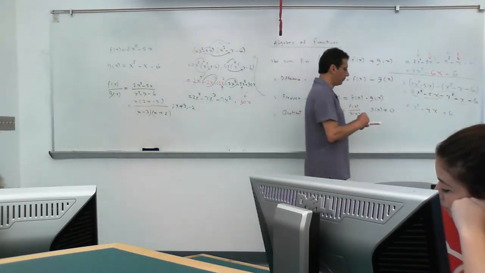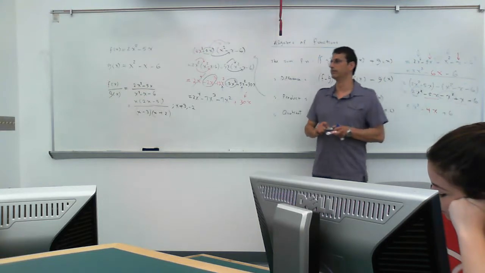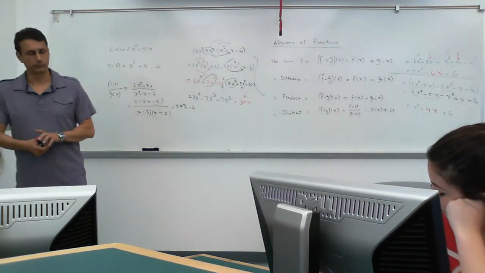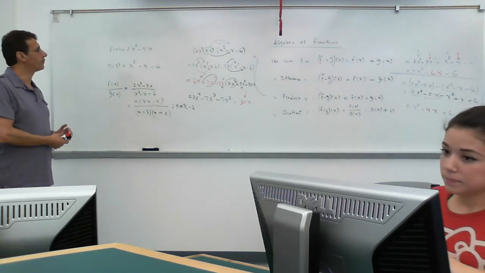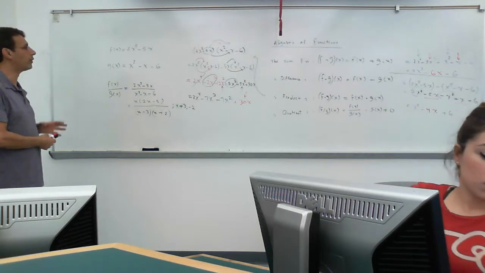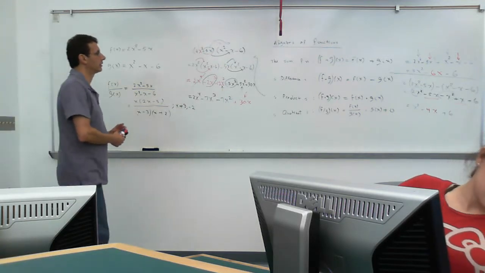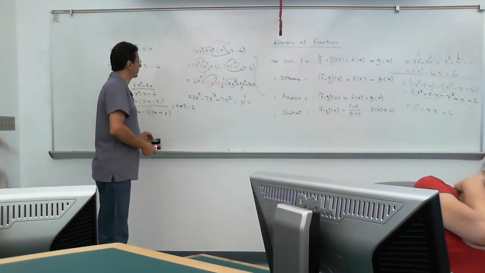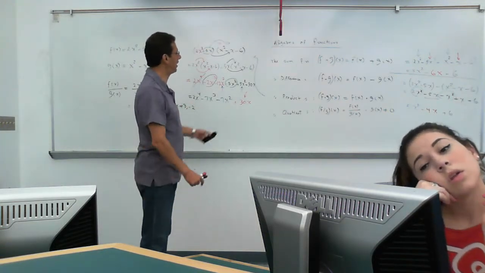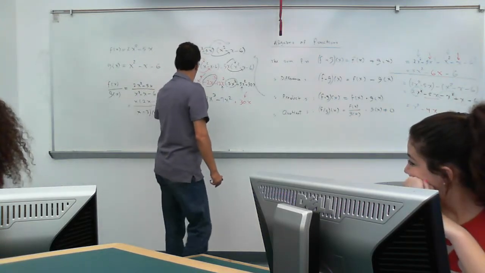I want to add a couple more things quickly and pretty much that would be it. Now, with those functions, if somebody says, okay, we want to find, I want to erase this and I'm going to keep the first one.